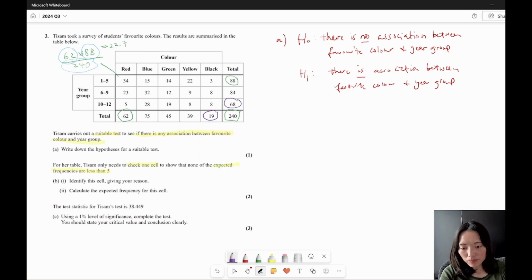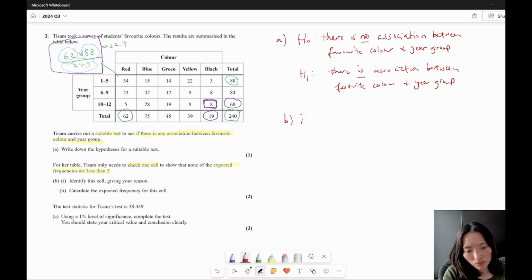Therefore, I just need to check this cell, year group 10 to 12, whose favorite color is black. If that expected value is higher than 5, then I know all the expected values are higher than 5, because for all the other cells this calculation is going to be higher than what I'm about to work out.